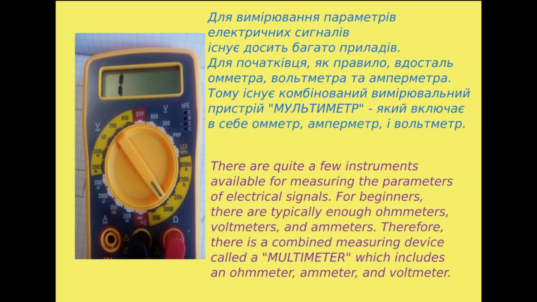It's an ohmmeter. If we need to measure current, we use an ammeter, and if we need to measure voltage, we need to use a voltmeter. But usually the people who work with electronics use a device that has three devices inside. It's a combination of those devices, and we call it a multimeter.